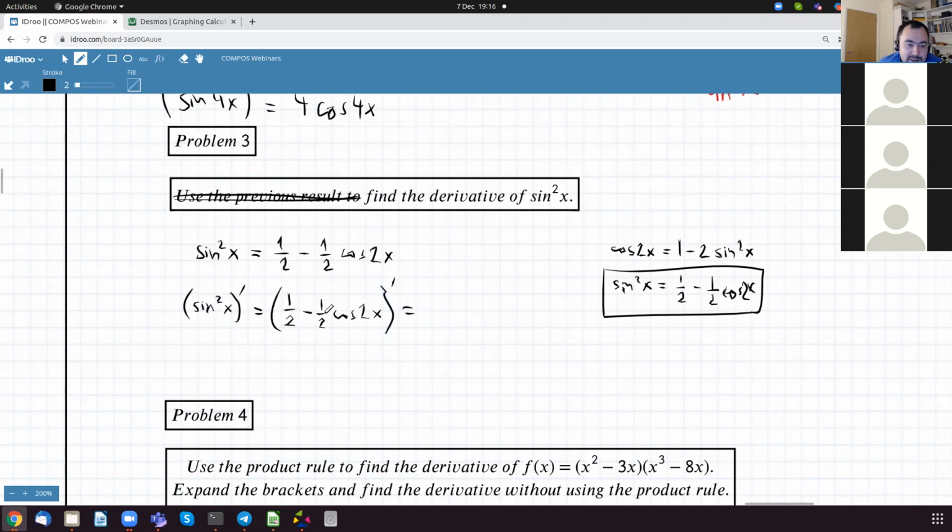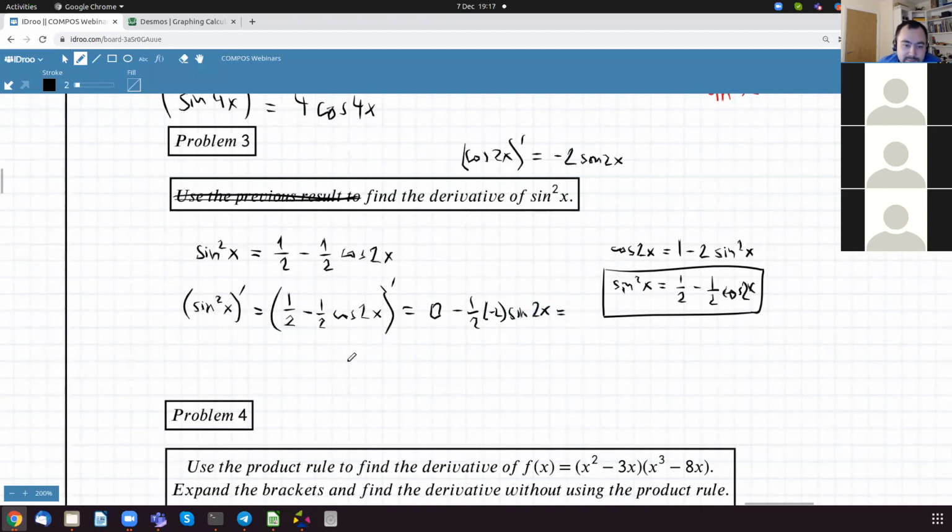So the derivative of a half is 0, minus a half, this half stays, and then the derivative of cos 2x. The derivative of cos 2x is unsurprisingly minus 2 sine 2x. So we're going to use that. So it's going to be minus 2 sine 2x.